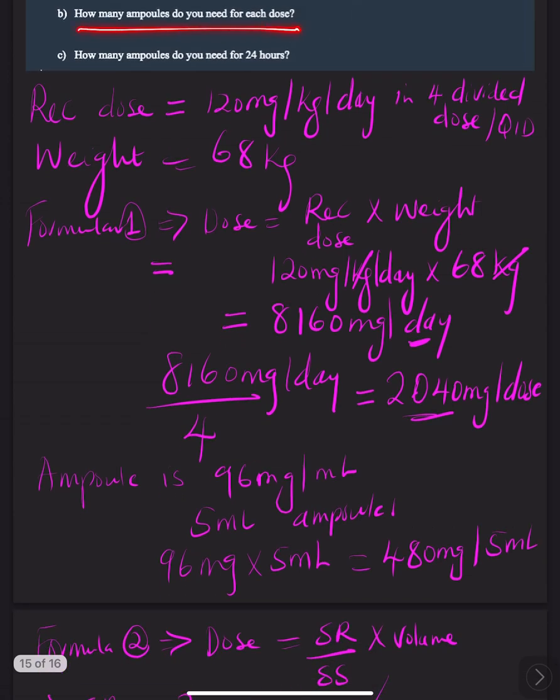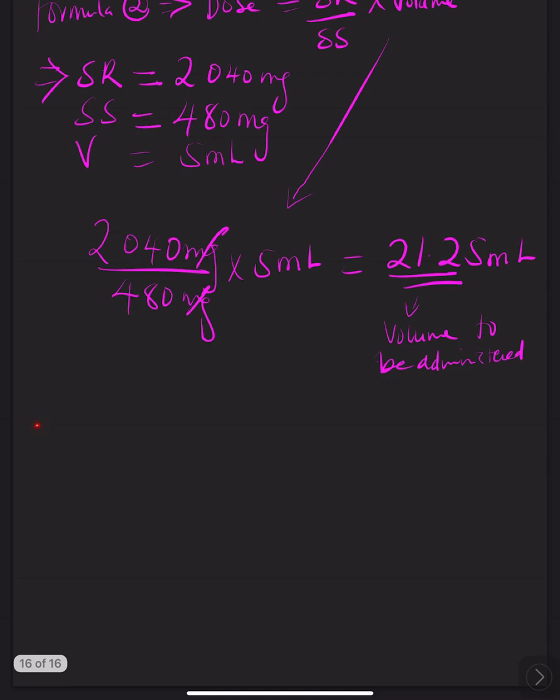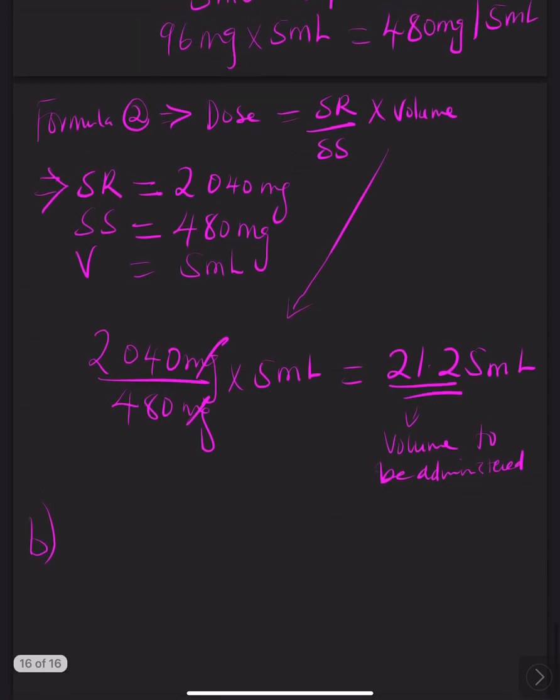So there's question part 2. How many ampules do you need? This is part B. They want to know how many ampules you're going to use. Remember, the ampule that we got is coming as 480 mg in 5 mils.